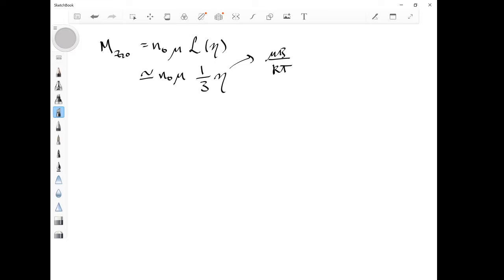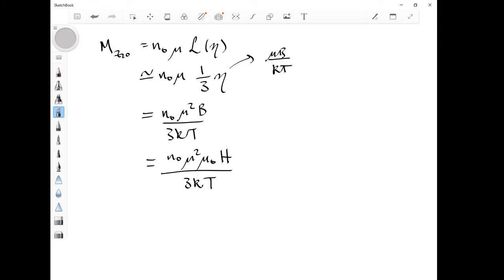But if we put this now all together, we end up with n0 mu squared b on kt. And then if we want this in terms of the magnetic field H, then we've got n0 mu squared mu naught H all over 3 kt.